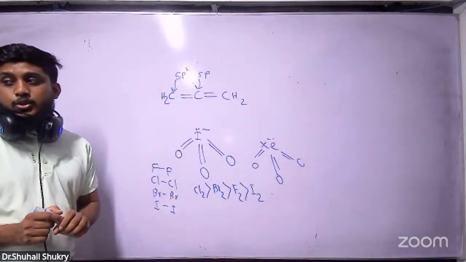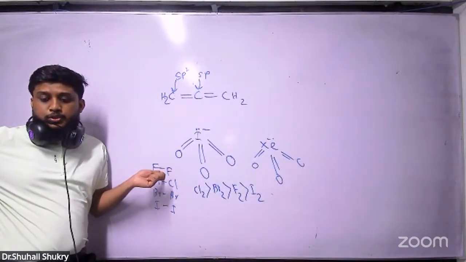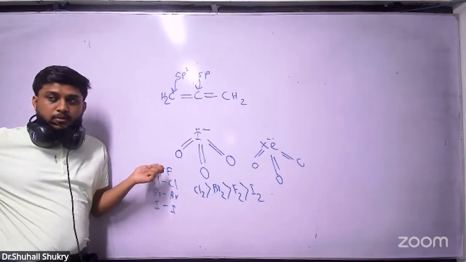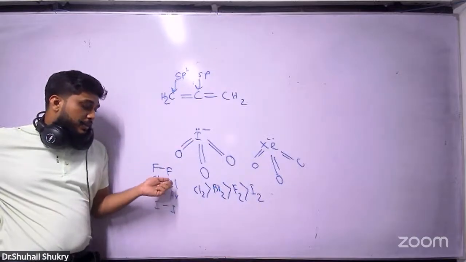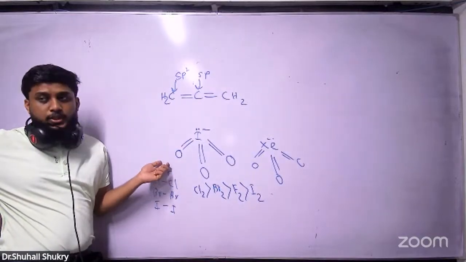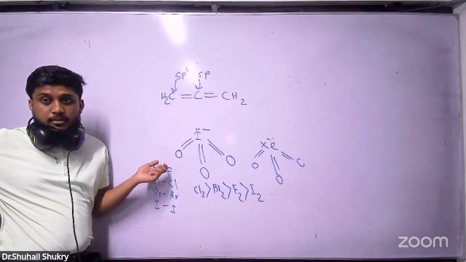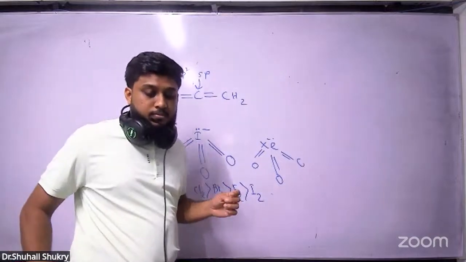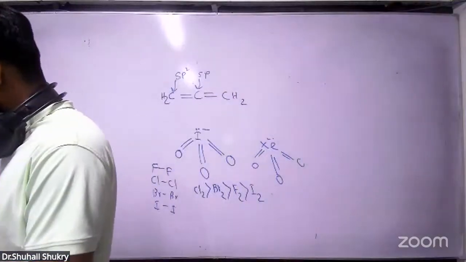Because the fluorine molecule is small, there is repulsion between the nuclei. Therefore, its bond energy reduces and it comes to third place. Chlorine, bromine go in order.